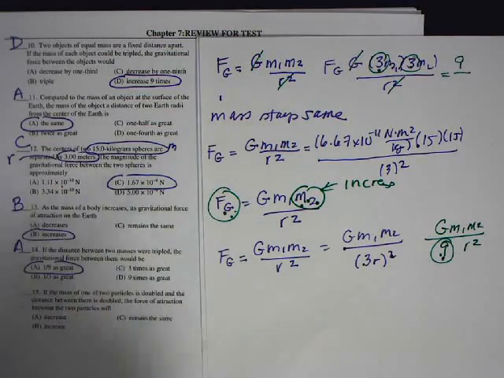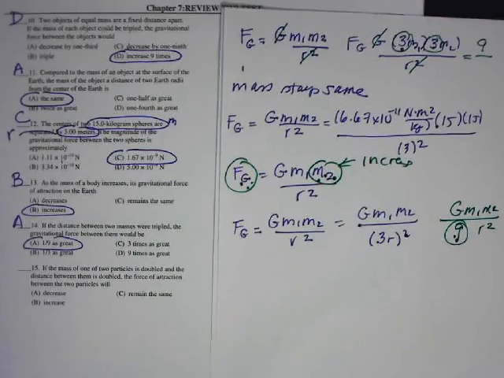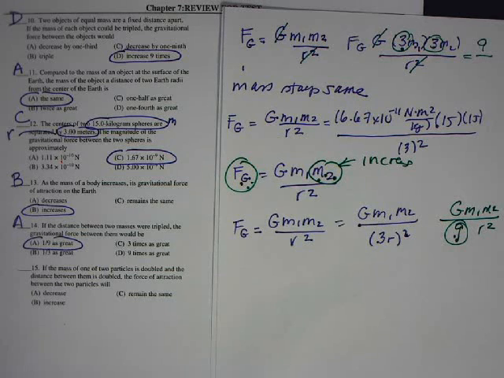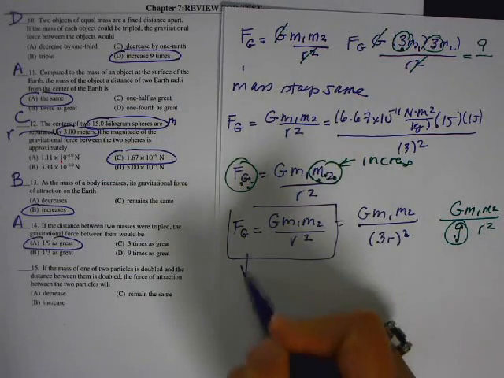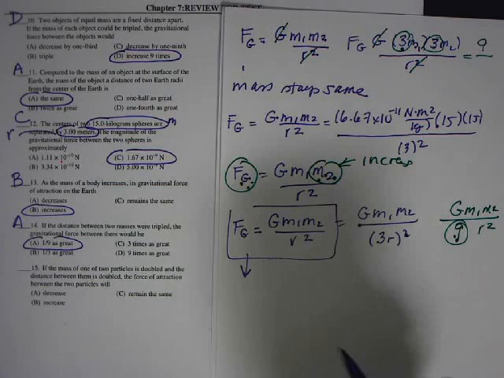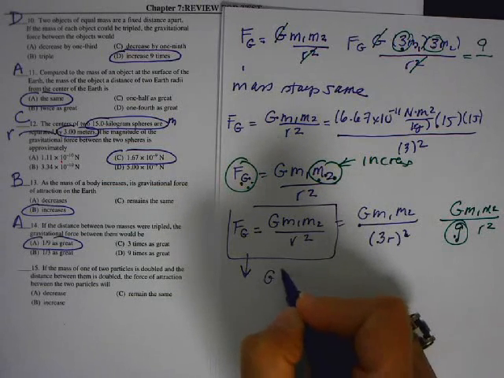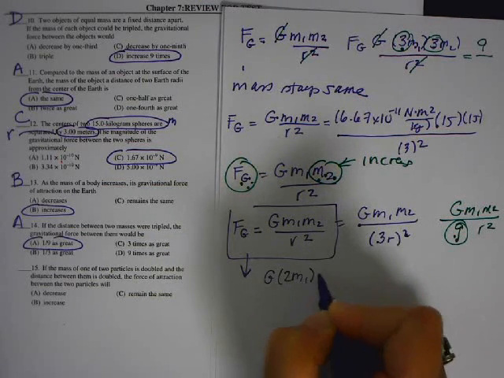And then the last one says, if the mass of one of two particles is doubled and the distance between them is doubled, now what happens to the force of attraction? So again, it's the same equation. I'm not even going to write it over. So now it says one of the masses is doubled, so I'm going to double the first mass. And then it says the distance between them is doubled, so I'm going to double that.